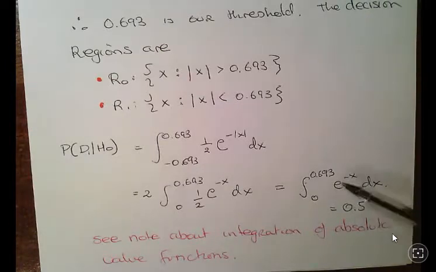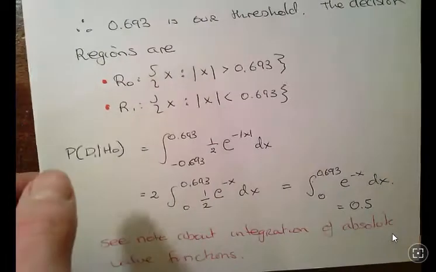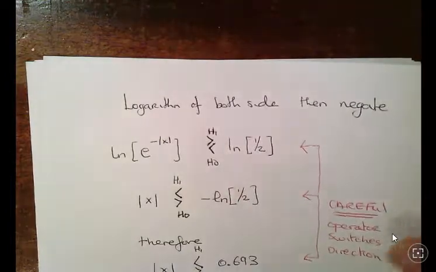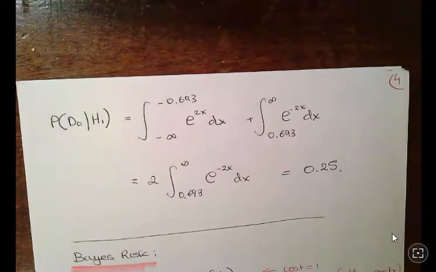We evaluate this definite integral: the integral of e to the minus x is minus e to the minus x, evaluated from 0 to 0.693, and when you do that you get a probability of 0.5. That's the probability of D1 given H0. We'll come back to that in a while.